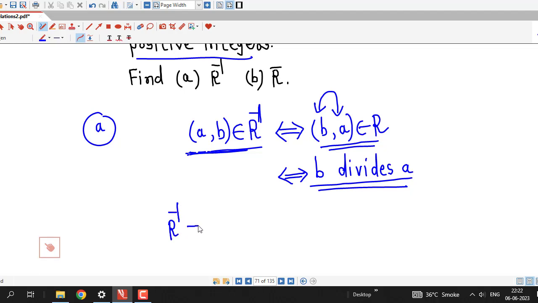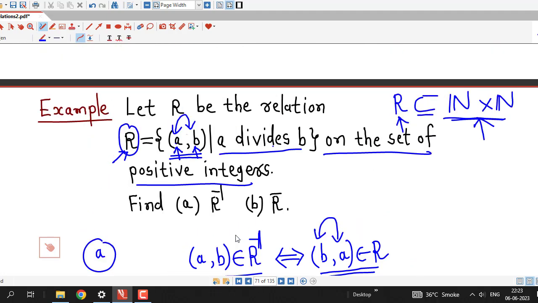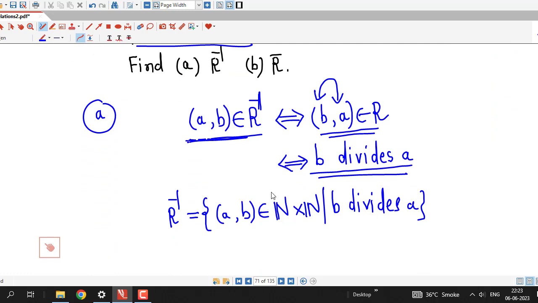So we can write that R inverse equals the ordered pairs (A, B) in N cross N such that B divides A. If the ordered pair (A, B) is present in R, then A divides B. Here the ordered pair (A, B) is present in R inverse, therefore B divides A. If (A, B) belongs to R inverse, then the ordered pair (B, A) must be in R, and in R the condition is the first element divides the second element.